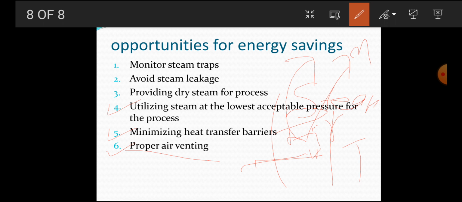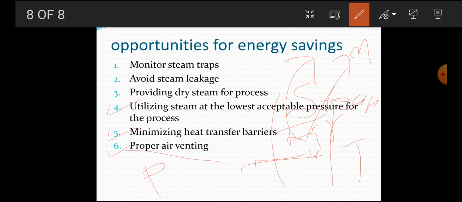Air will exert its own pressure within the system and will be added to the pressure of the steam to give a total pressure. Therefore, the actual steam pressure and temperature of the steam air mixture will be lower than that suggested by a pressure gauge. So proper air venting is essential, which can save a significant amount of energy.